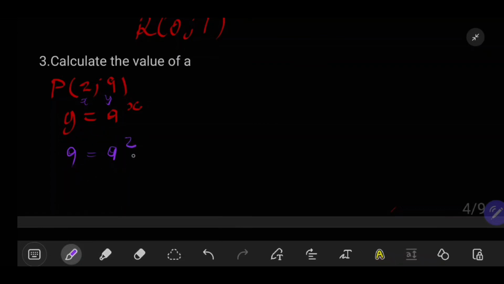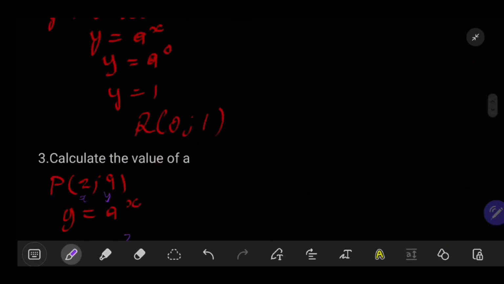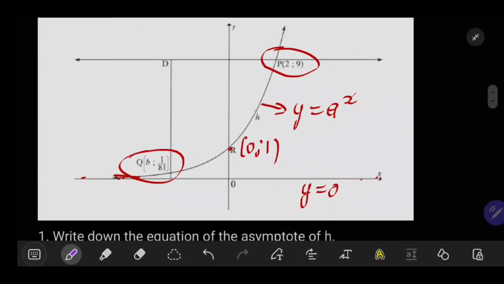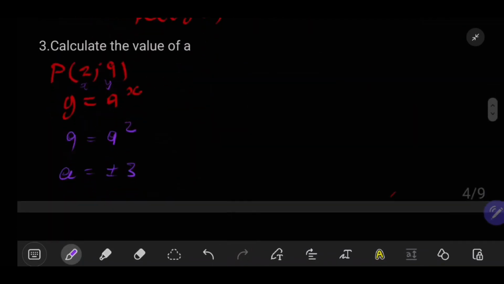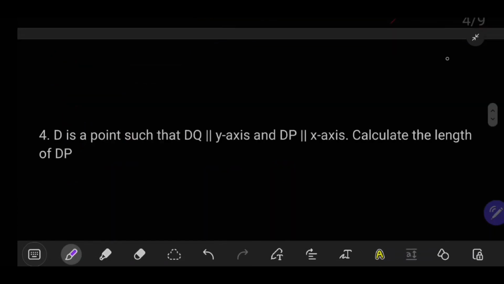Then we can find the square root on both sides. Then our a value now becomes plus or minus 3. You can see that our graph is increasing, and they told us that a must be greater than 0. So the correct value here is a equal to positive 3. So the value of a now is positive 3.